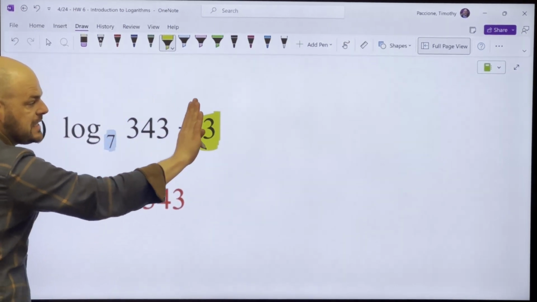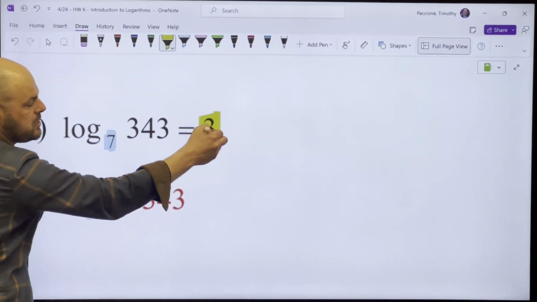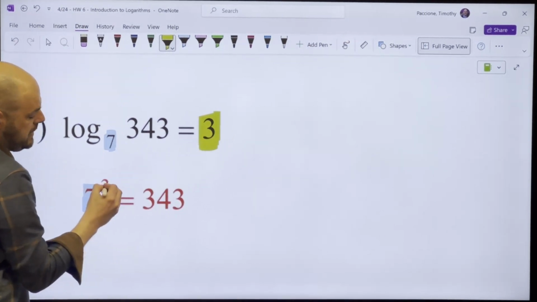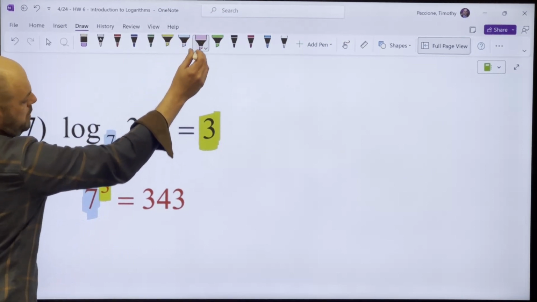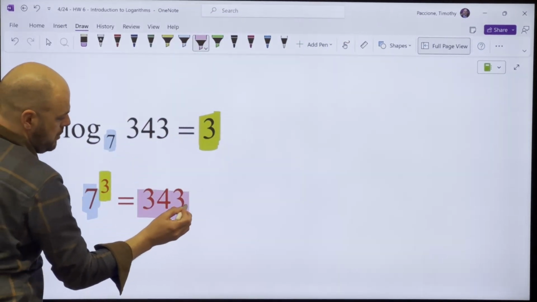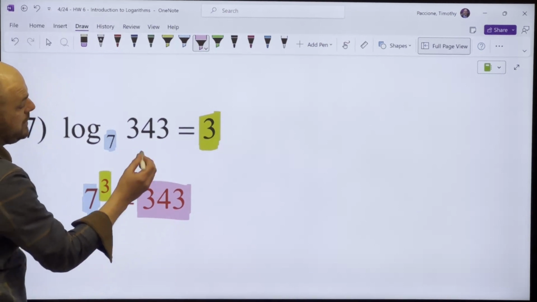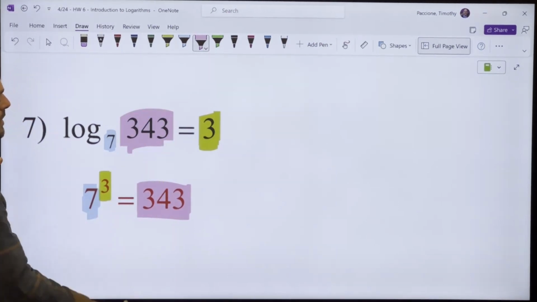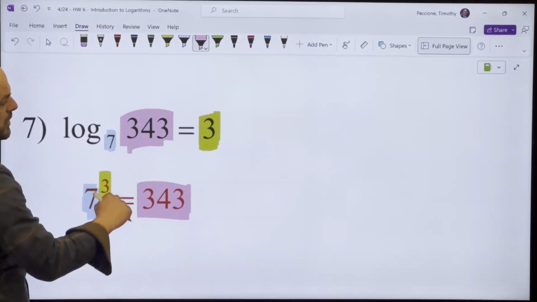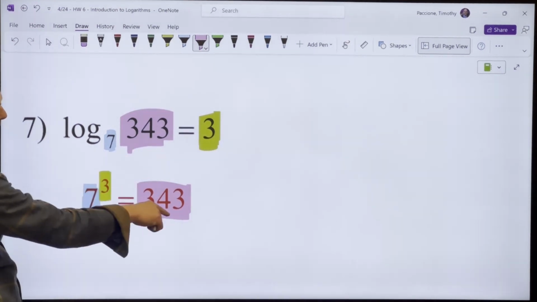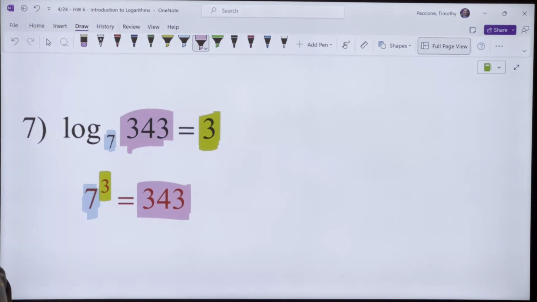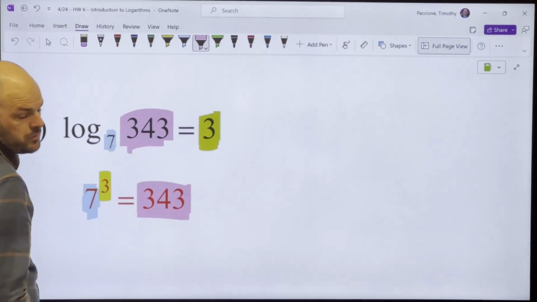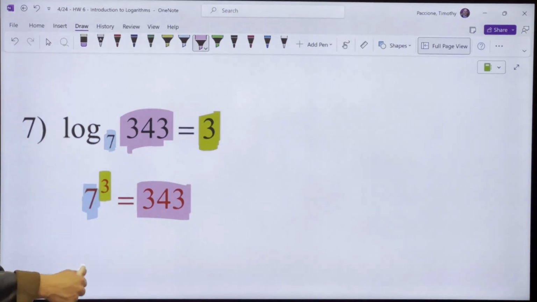The log is the exponent, being by the equal sign, so it's over on the other side. That's your exponent. And then your answer goes right there in the log, so it comes back out. I'm really fumbling this, but it should make sense. 7 to the third is 343. So log base 7 of 343 equals 3. Okay? That's the basics of it.